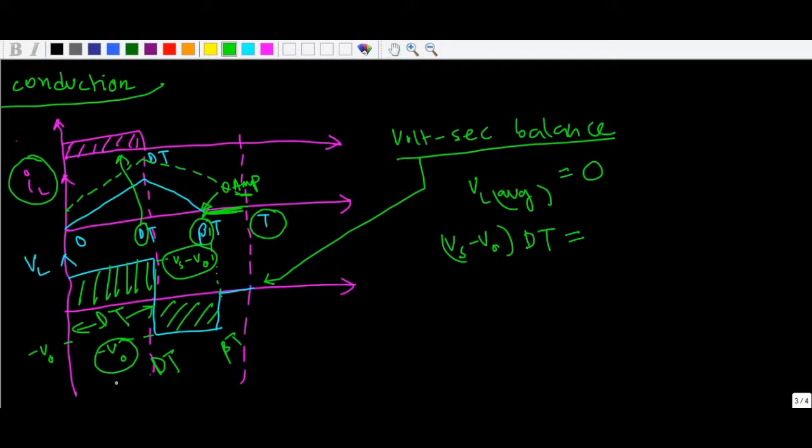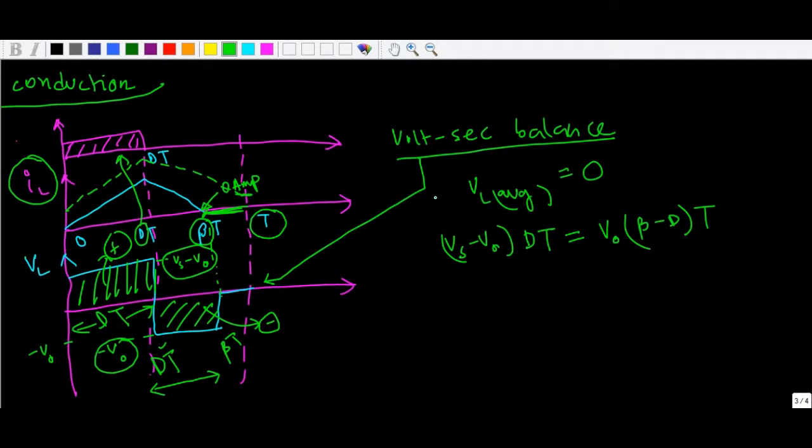We have discussed this in the previous video. So this area is nothing but the output voltage and the time of this interval. What is this interval? Beta T minus dT, so beta minus D into T. Why are we not taking the negative sign here? We are not taking the negative sign because we have already assumed that this area is positive and this area is negative.